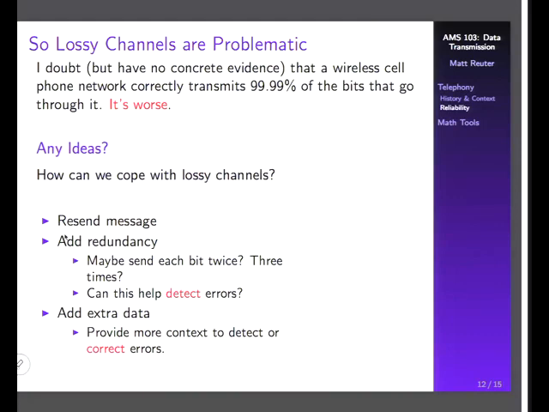In that case the receiver says, here's this message, oh, there was an error, but because of that extra data, I just know how to correct it. I can determine what the original message was. There's no need to resend it. Everything's good. And that's what we'll talk about at the end of next week: the different error detecting or error correcting codes that we can use to help with this data transmission.